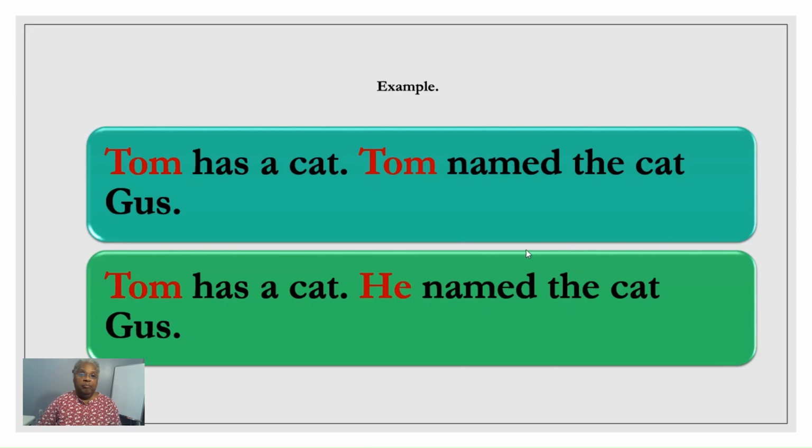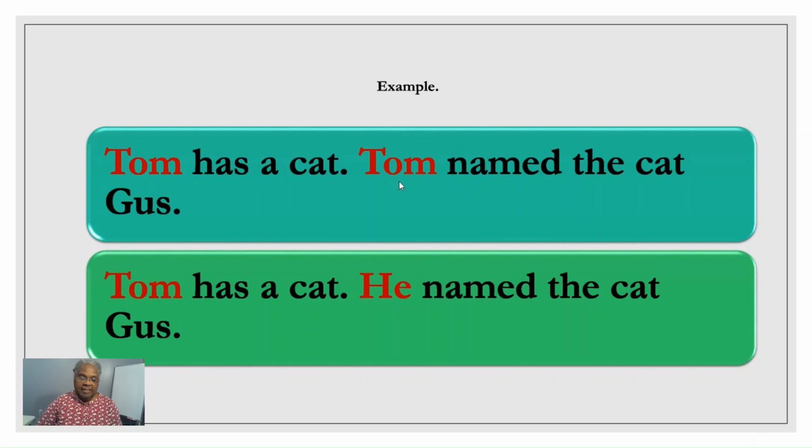For example, in the first group of sentences: Tom has a cat. Tom named the cat Gus. The word Tom is a proper noun which occupies the subject area and answers the question when asked, who has a cat?